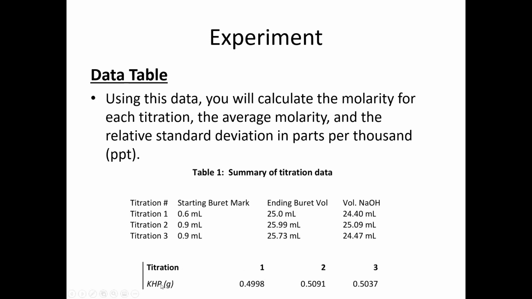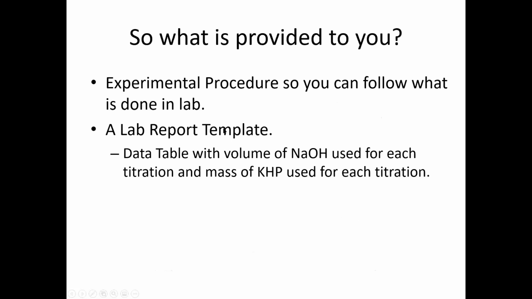We can calculate the molecular weight of the KHP, and based on the grams of KHP, we can calculate the moles of KHP, right? When we have the moles of KHP, we also know the volume of sodium hydroxide. And based on the reaction, the quantitative relationship between KHP and sodium hydroxide, we can calculate the molarity of the sodium hydroxide solution.